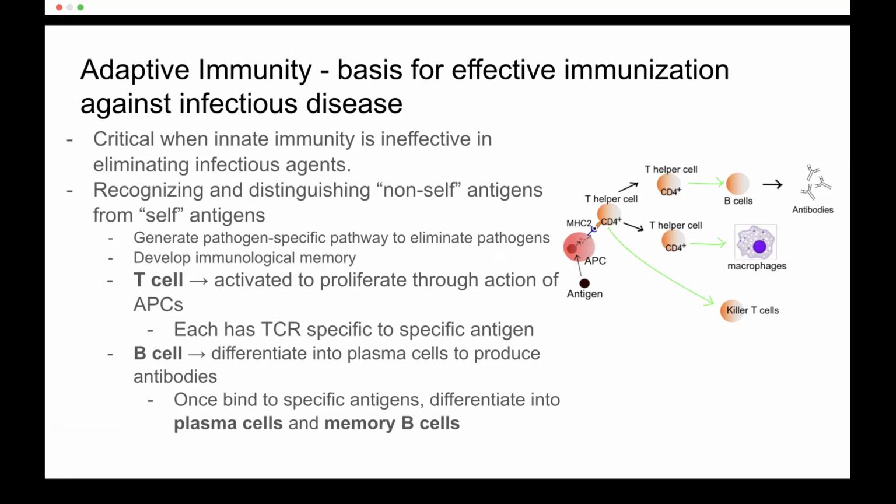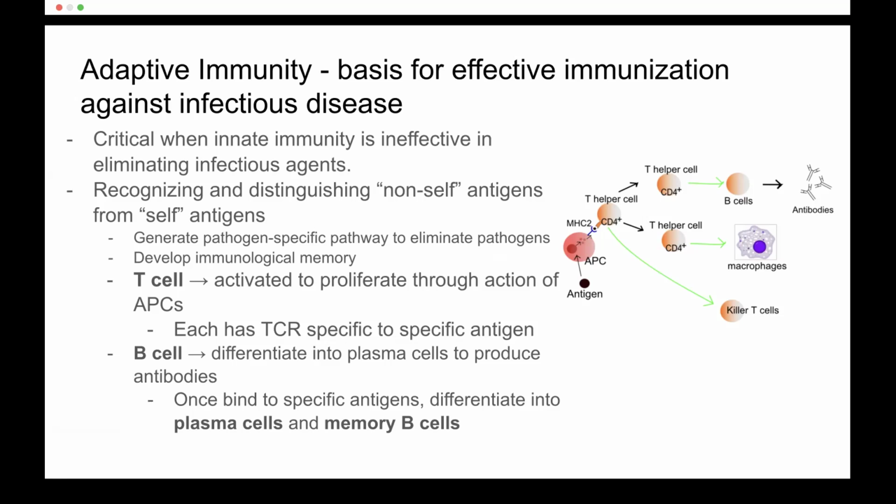And two main cell types that are involved in this process are T cells and B cells. Really briefly, T cells will be activated to proliferate through actions of antigen presenting cells. So they need the antigen presenting cells for the T cell receptor to bind to antigen.